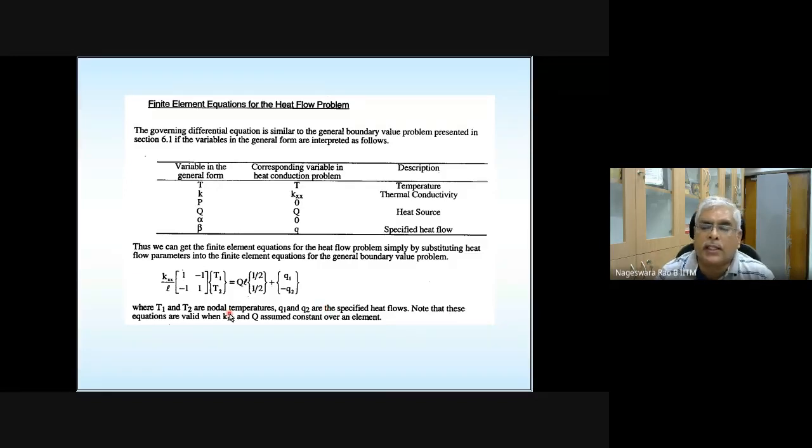Suppose you are interested in outside temperature; in summer the outside temperature is very hot, maybe 40 degrees or even 50 degrees centigrade, and you have a brick wall of a certain thickness, and you want to know how much heat is going to flow through that wall to inside. If you want to know that, you can apply this kind of thing.